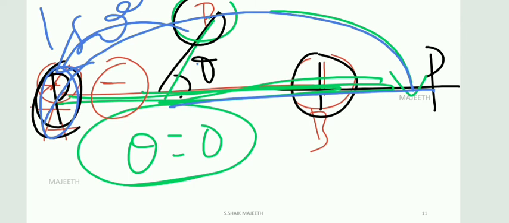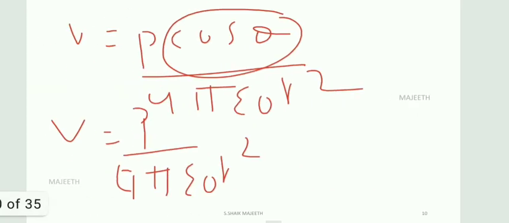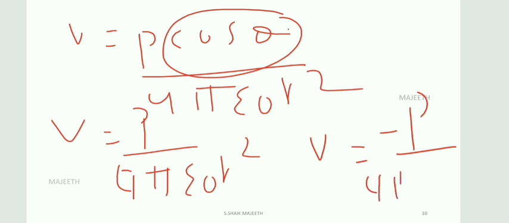So now theta becomes 180 degree, and cos 180 is minus 1. So now V becomes minus P divided by 4 pi epsilon naught r square. So this is the axial line, right side of the positive charge. This is the axial line, left side of the negative charge.